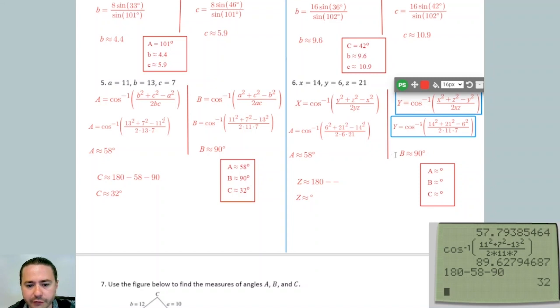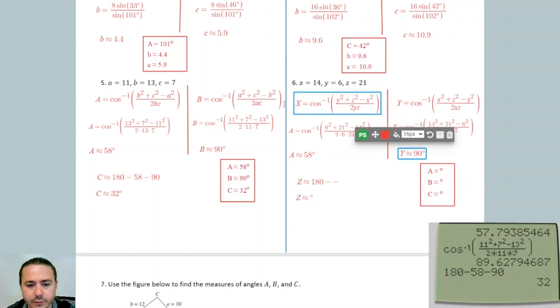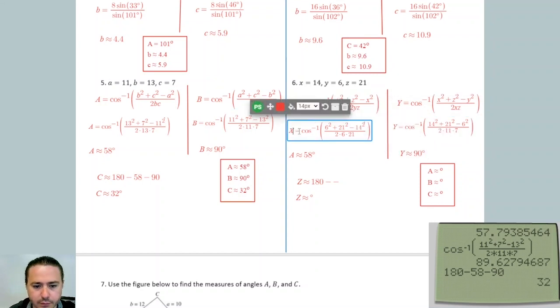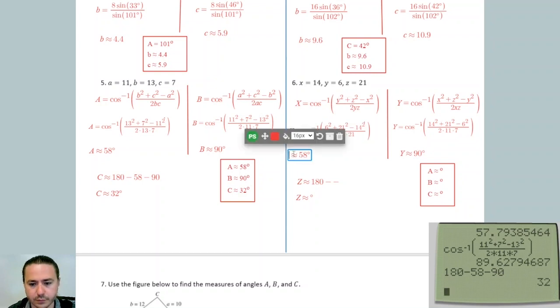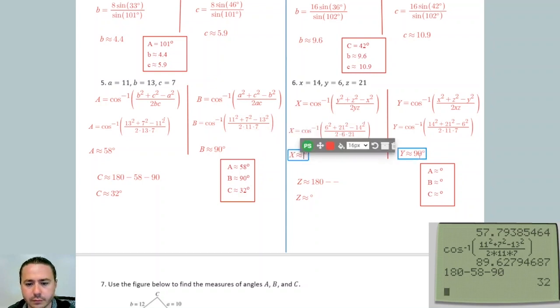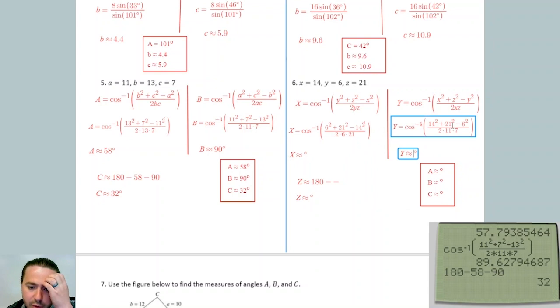And I think I need to fix this as well. Okay. Did I fix the bottom there? No I didn't. I got carried away. So X here is 14 and Z is 21.